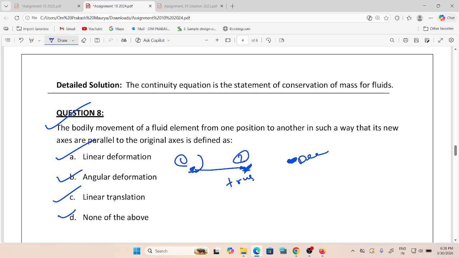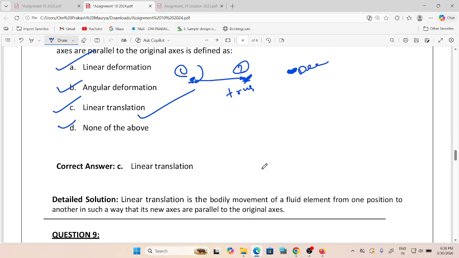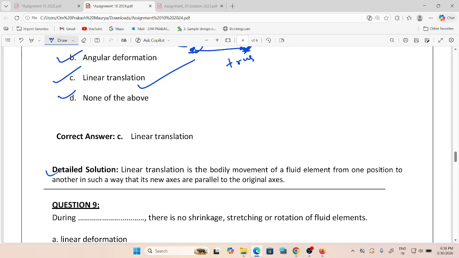But here only translation is happening, which is the parallel movement of your axis from position 1 to 2, so definitely it will be linear translation, always remember. So the linear translation is the bodily movement of a fluid element from one position to another in such a way that its new axes are parallel to the original axis. So remember.